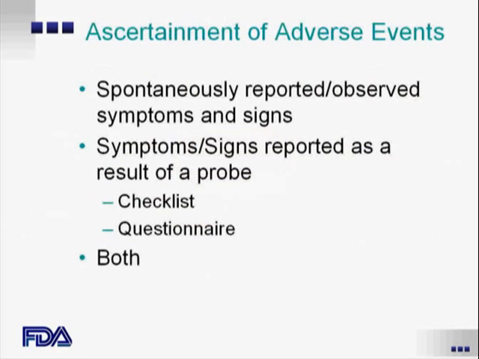The adverse events could be ascertained either in a passive or an active way. And so they either can be spontaneously reported or observed by the investigator or study personnel. As well, they could be reported as a result of a probe, so active surveillance with a checklist, a questionnaire, or both.